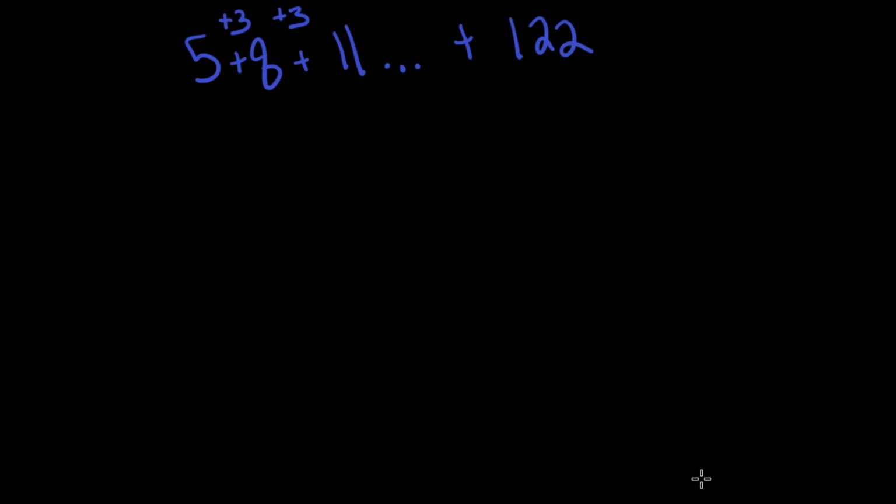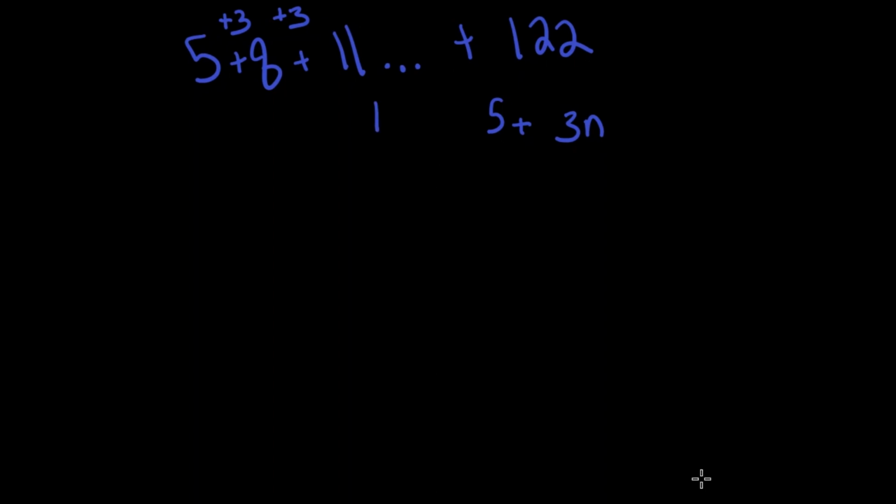So we can represent this by 3i, or, to make it easier, we'll just do n. So we're adding 3 some amount of times to 5 to get to 122. However, we don't know how many times we're adding 3 to 5 to get to 122, so we can solve for that.